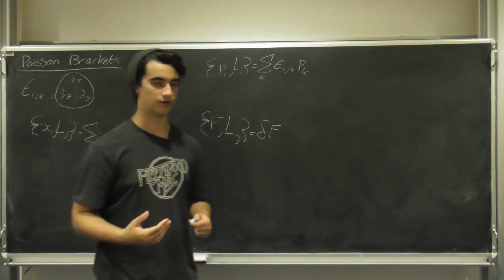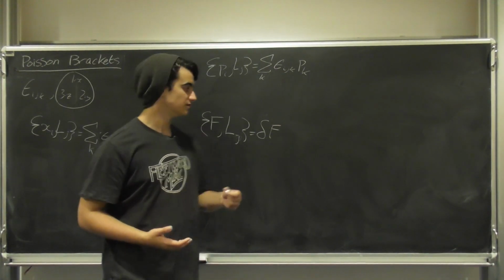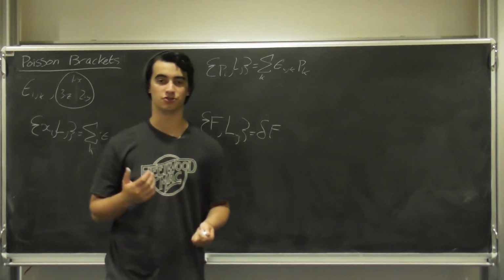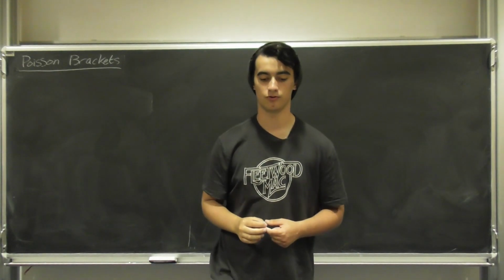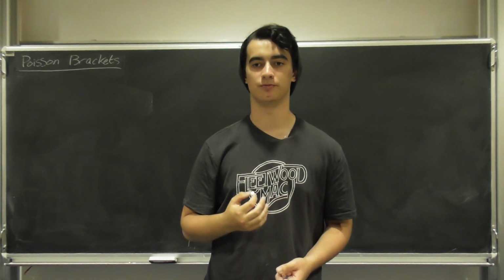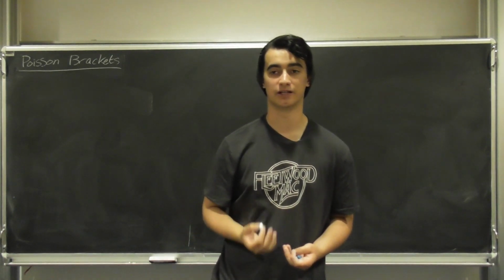It acts on, or it can act on, other functions when given the chance by putting in a Poisson bracket, and it'll show us how that function will rotate. Now you might be asking what happens when we take the Poisson bracket of two different components of angular momentum.